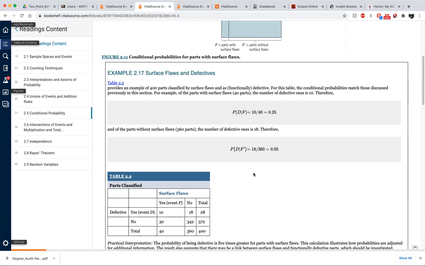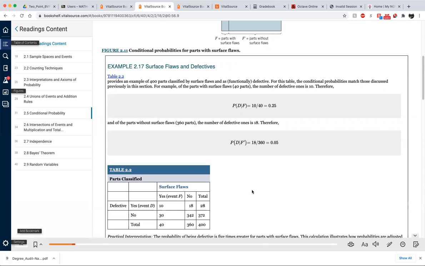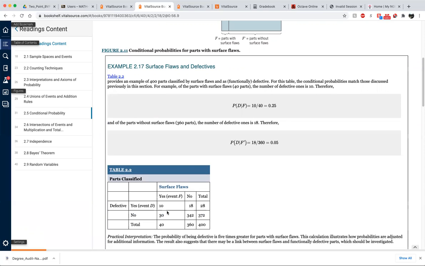Okay, example 2.17, surface flaws and defectives. You see table 2.2. This table provides an example of 400 parts classified by surface flaw and as functionally defective. For this table, the conditional probabilities match those discussed previously in this section. Of the parts with surface flaws, how many parts have a surface flaw?